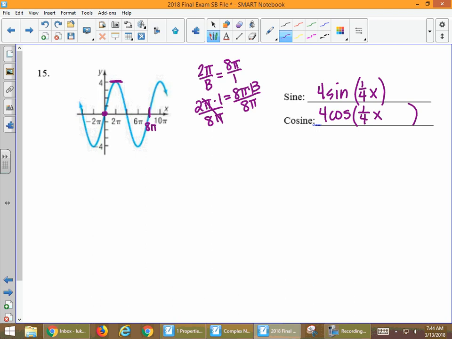Let me write that out for you. My B here is 1/4, and my phase shift, oh, this one's on a nice spot, is at 2 pi.